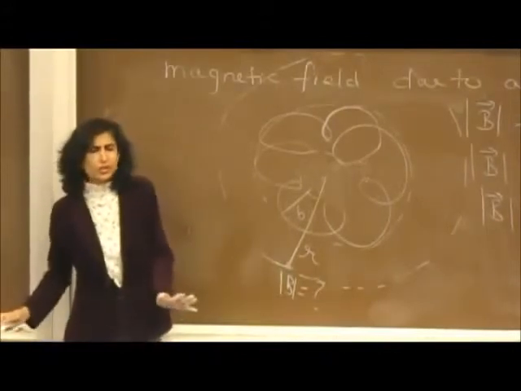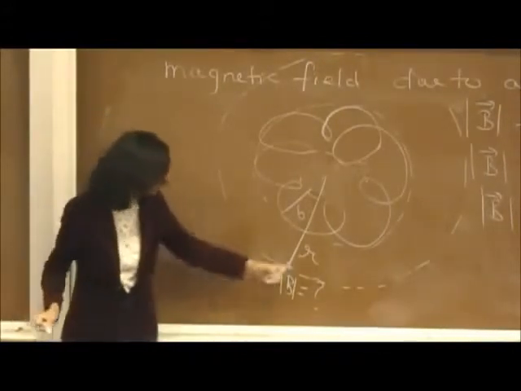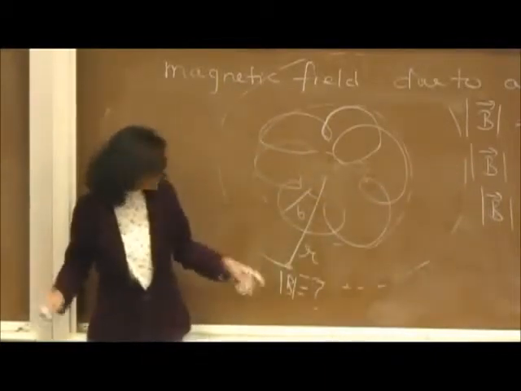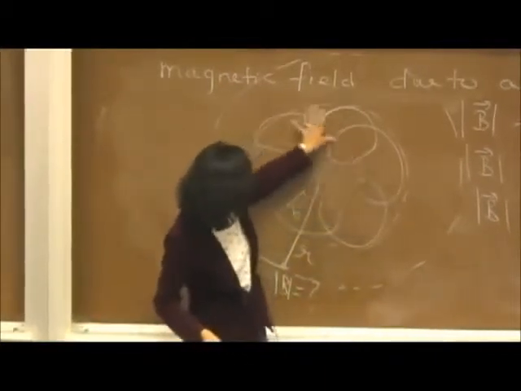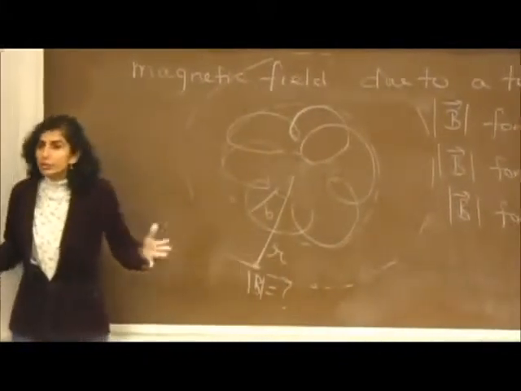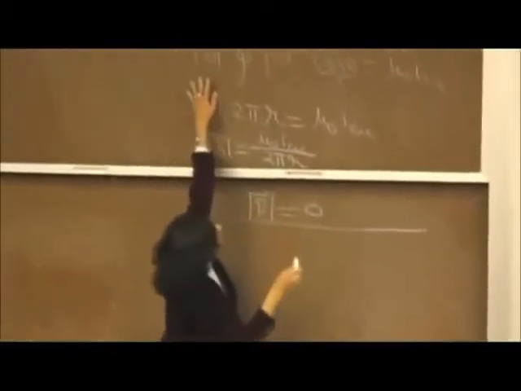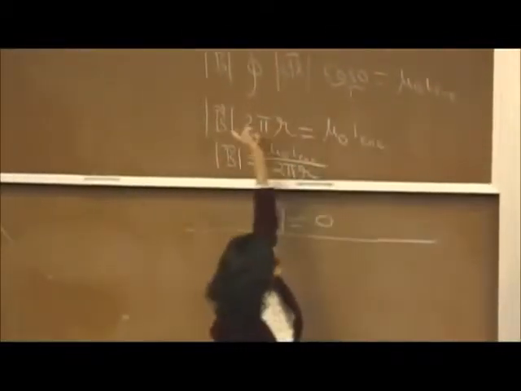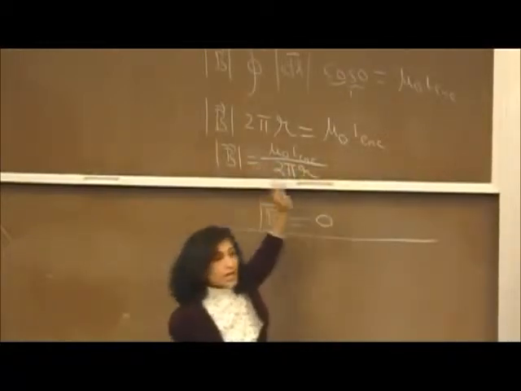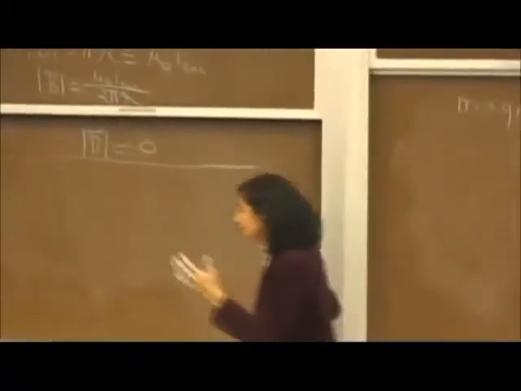Again, from the symmetry of the situation, if you were not convinced that the magnetic field here is 0 or here is 0, will you at least be convinced that the magnetic field produced by all this current in this toroid is the same at every point here? You will be, right? So you will again be able to pull the magnetic field out. All this stuff still passes through. We are still here, right? The only thing is, how much is the current enclosed now?